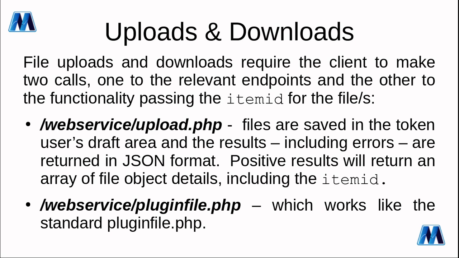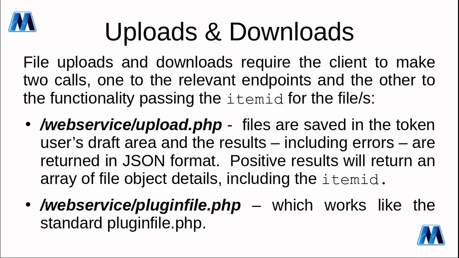Something very similar to what we did in a previous lesson with our audio feedback. Okay, so the endpoint for uploading files is /webservice/upload.php, and the files are saved in the token user's draft area, and the results are returned in JSON format.